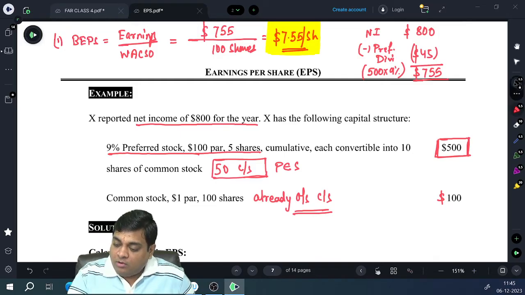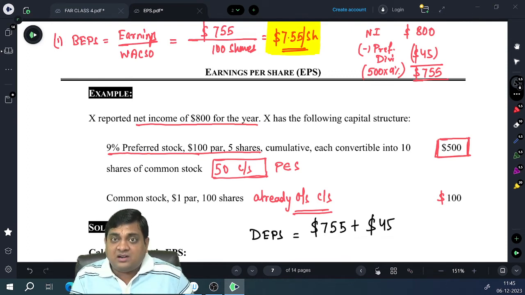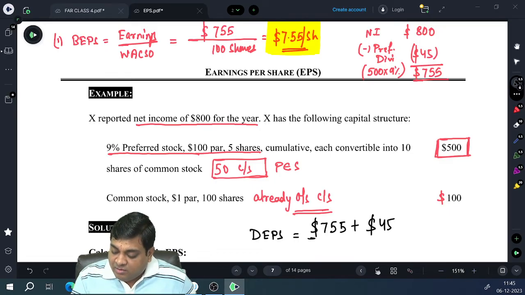Now, when I talk about diluted earning per share, it's very simple. Already whatever earnings I have, I will take that, plus I will take savings, because if converted I won't be paying this preferred dividend anymore. So my earnings will increase for common stockholders.